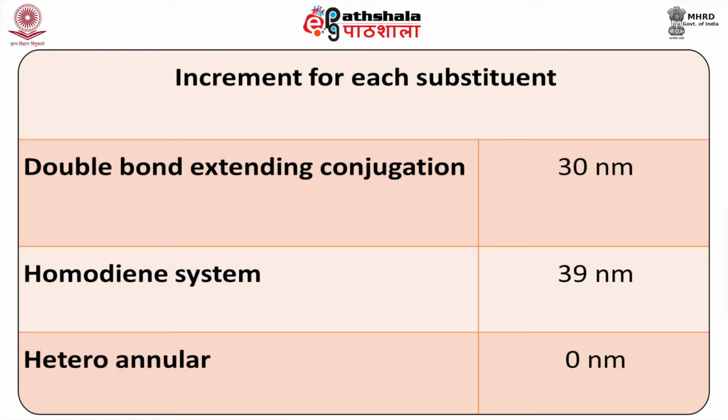Now coming to the increments. For double bond extended conjugation, the increment is of the order of 30 nanometers. As you can see in the figure, the basic system is an alpha beta unsaturated carbonyl component.